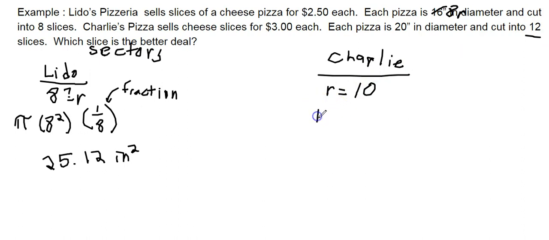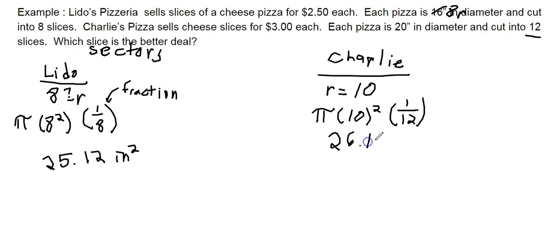So here we're going to have pi times our radius squared, and our fraction is going to be 1 out of 12. So pi times our radius squared, that's going to be 100 times 1 divided by 12. When you go ahead and math that out, this comes out to 26.17 inches squared.